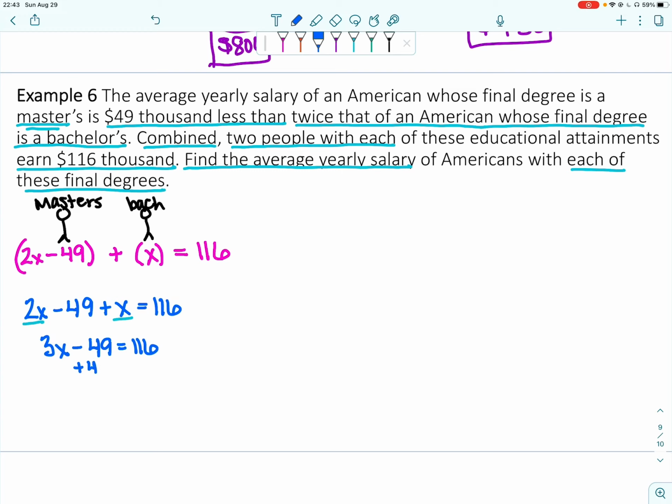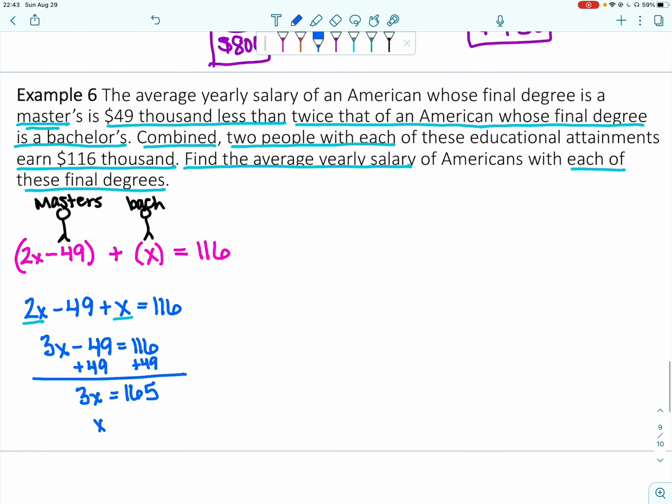I'm going to add the 49 to both sides. And then I get 3x equals 165. So x equals 55.